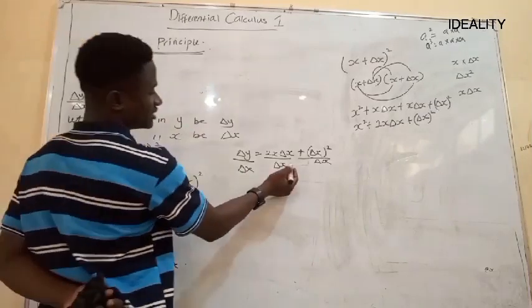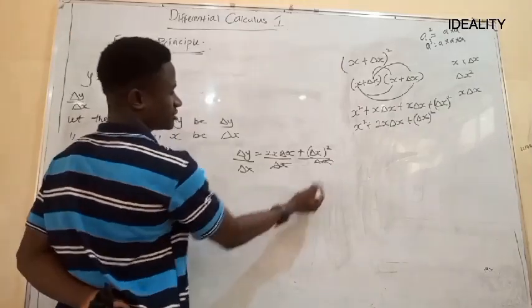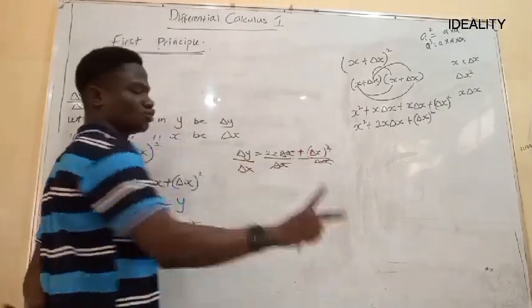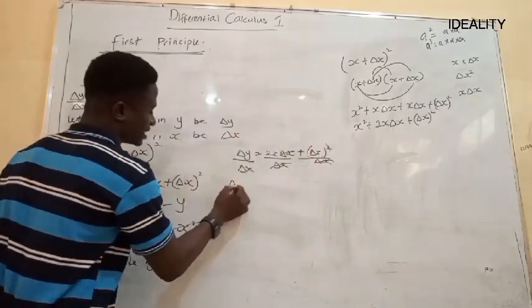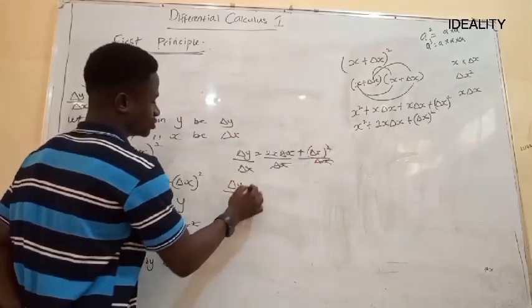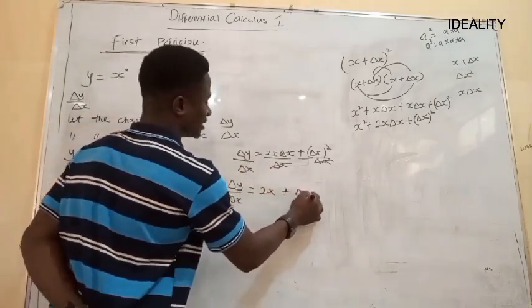So we have this theta x here cancelling this theta x, and this theta x here cancelling this square. So we have theta y over theta x to be equals to 2x plus theta x.